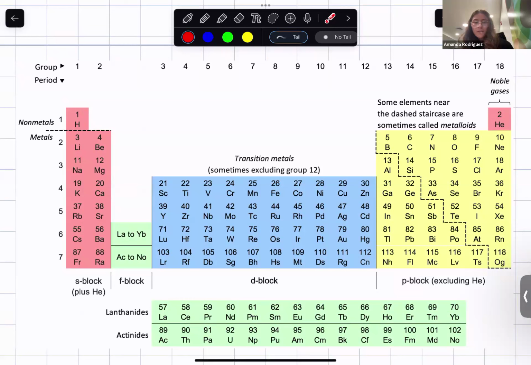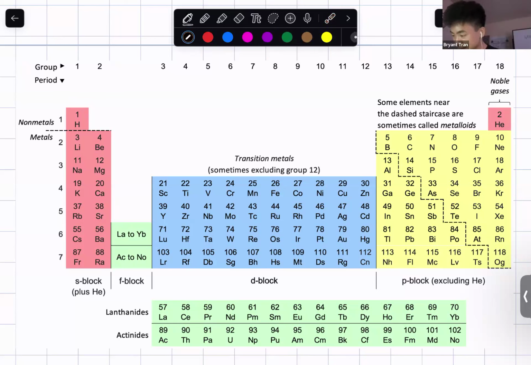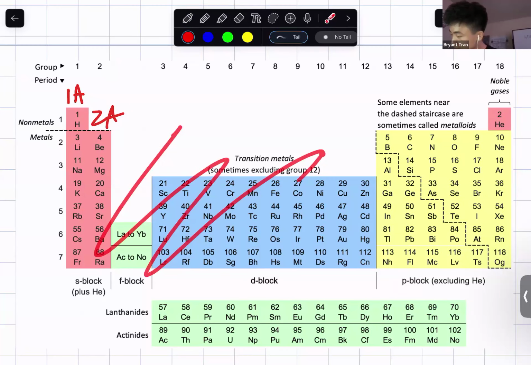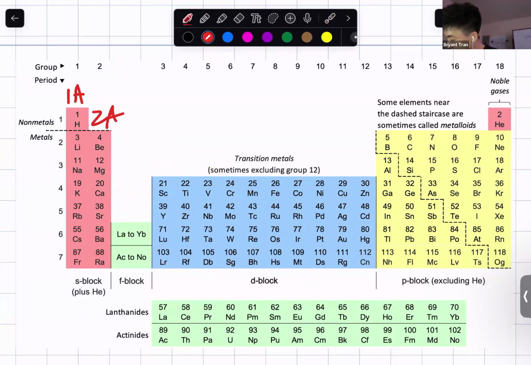Yes, the group number, but not the transition metals. Correct. The group number, not the transition metals. So this is 1A, this is 2A. We skip the transition metals, moving on to 3A. This is 4A, and then 5A, 6A, 7A, and noble gases 8A.